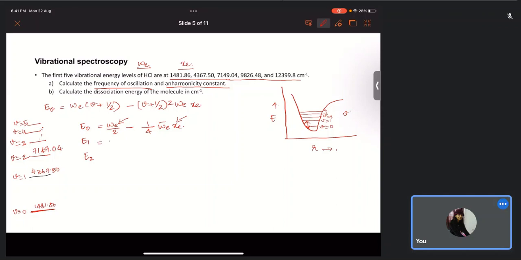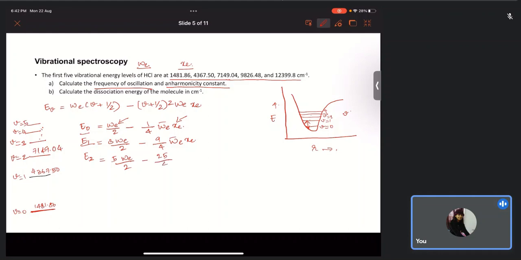So this will be 3 omega E by 2, this is 9 by 4 omega E Xc. So basically you just need E0 and E1. I'm just writing down E2 also. You can use E2 and E1 to solve these two equations to find out omega E and Xc.